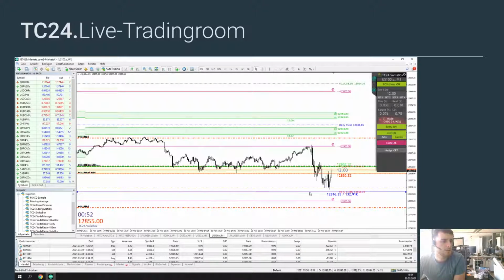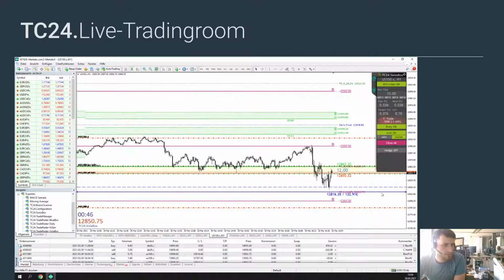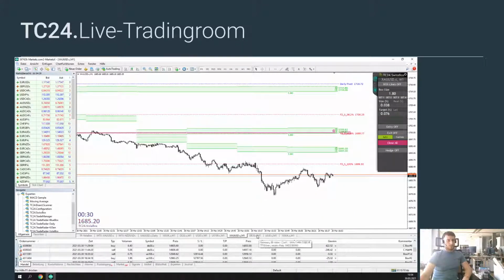So it seems that we might be coming into the 8th trade there. Could have come out of that trade. DAX.